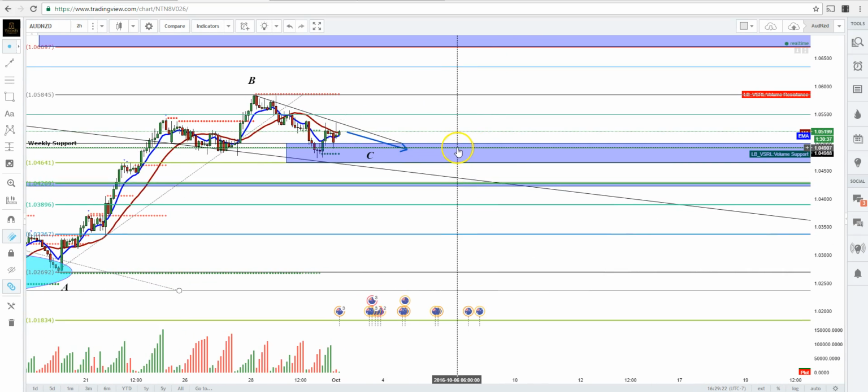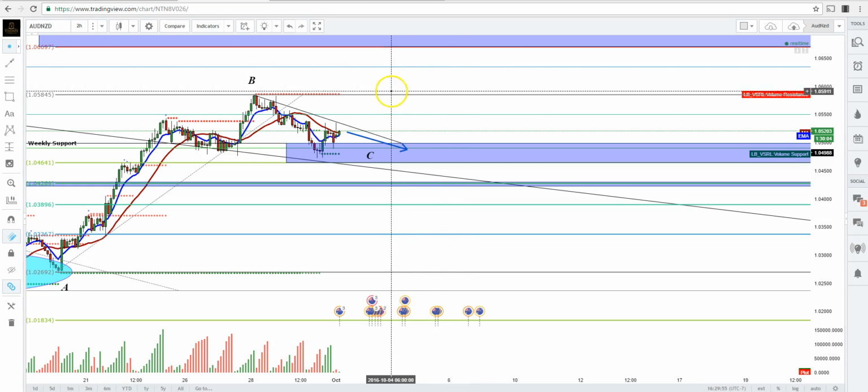So if I can secure an entry at my 50% fib level, which will hold at 1.0490, my first TP will be 1.0670, which will be a 180 pip profit.